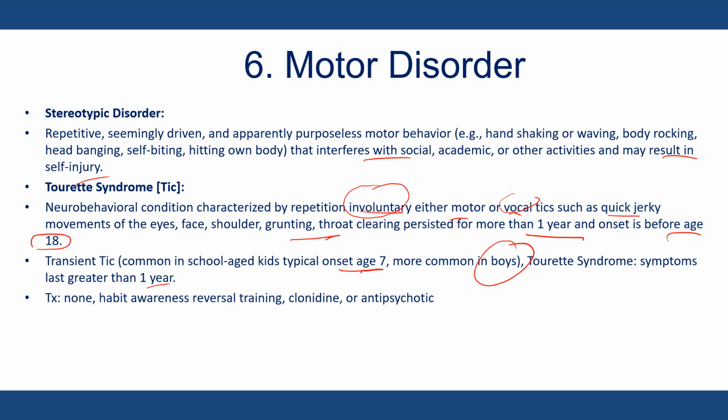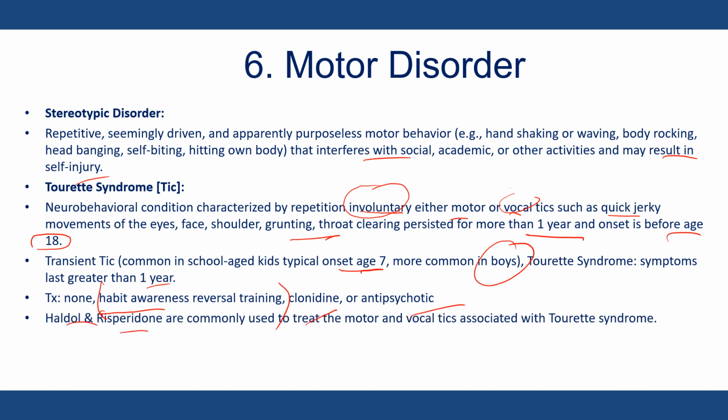And if you have to treat, patient teaching would be to teach about habit awareness, reversal training, like self-awareness, acknowledge that and work on it. How can you reverse that habit, if you will, right? Plus or minus clonidine can be given, or even an antipsychotic can be used if the symptoms are overwhelming and have an impact on their day-to-day routine.